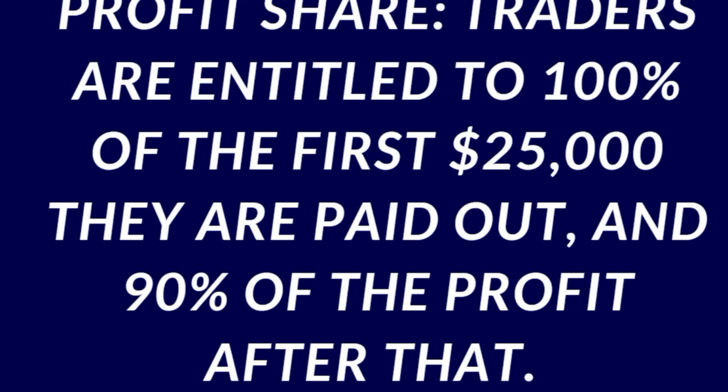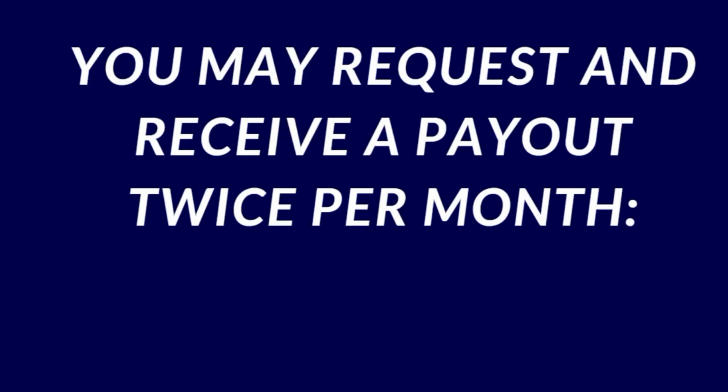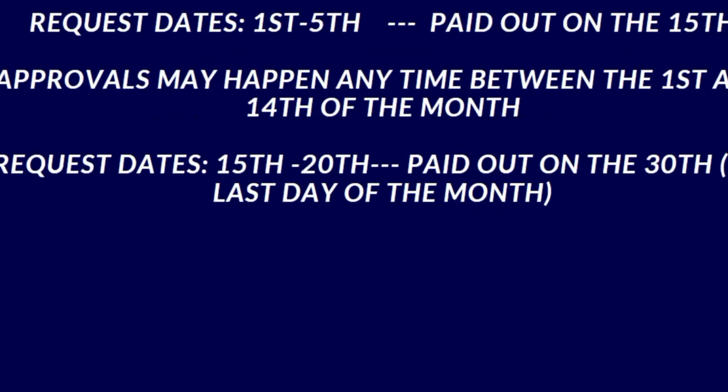So profit share, traders are entitled to 100% of the first 25,000. They're paid out 90% of the profit after that. So that's at least 20 plus percent more of a split than you're going to get in Forex, which is 65 to 80, 85 maybe. And then you may request a payout twice per month as long as you're past your 10 trading days.